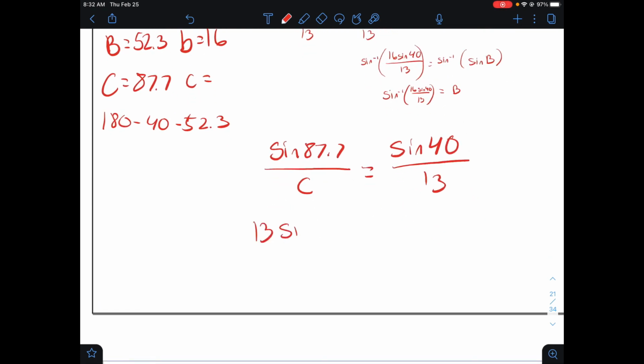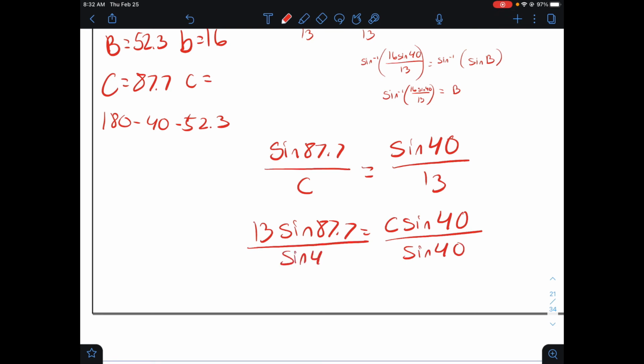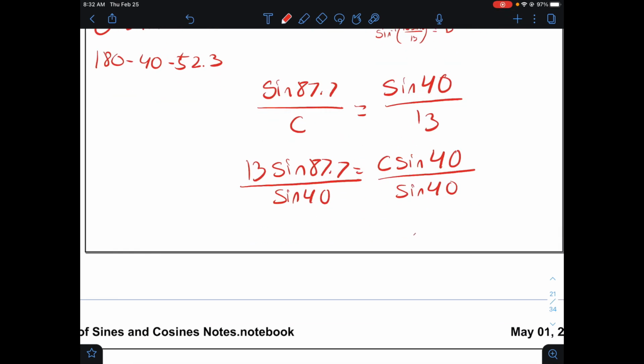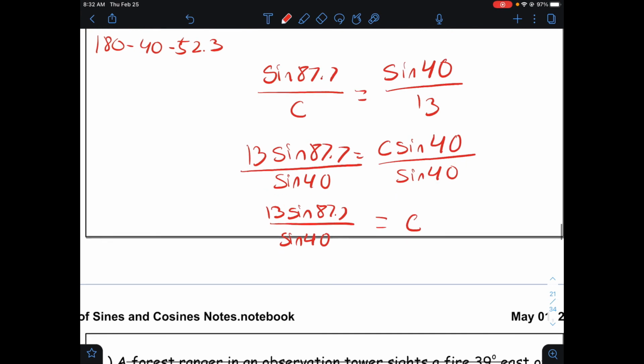We get 13 sine 87.7 equals C sine 40. Divide by sine 40. And we get that C is 13 sine 87.7 all over sine 40, which we will plug into our calculator.